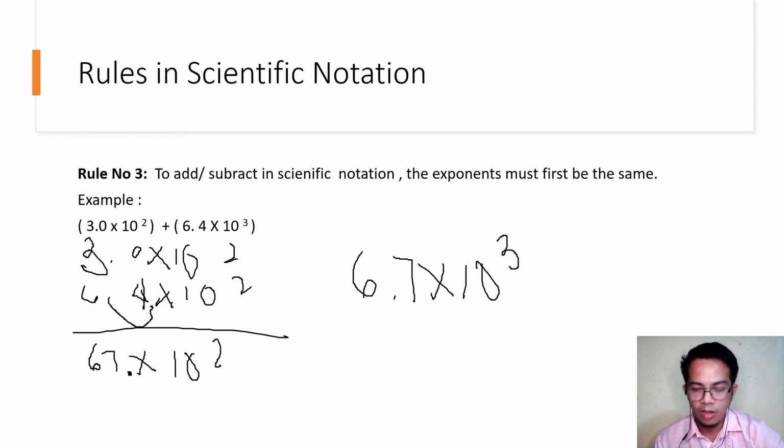By moving it, we add to the exponent, so instead of 2, we make it 3. So 67 times 10 raised to 2 is now 6.7 times 10 raised to 3. This is the answer.